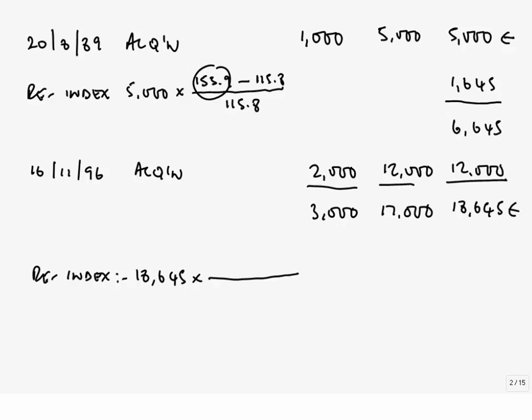That was the last time we re-indexed, so we are indexing from an RPI of 153.9, and this calculation will be all over 153.9. So the only new figure to come in that we haven't yet seen on this working is the latest RPI, the one for October 15.